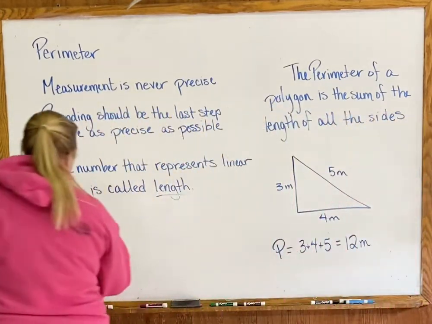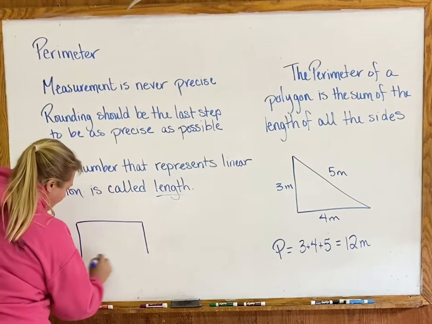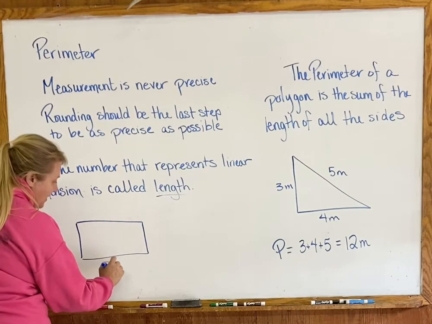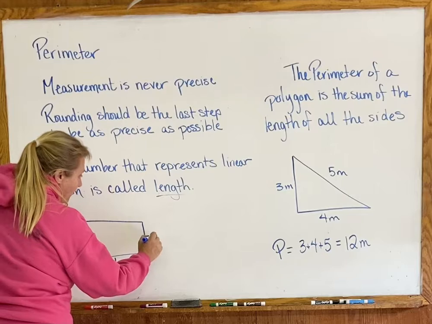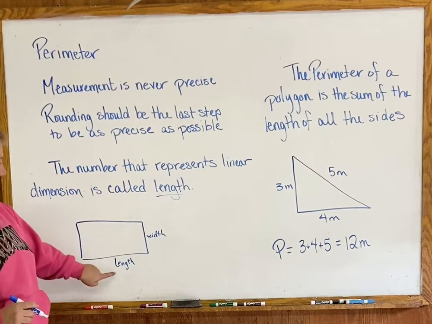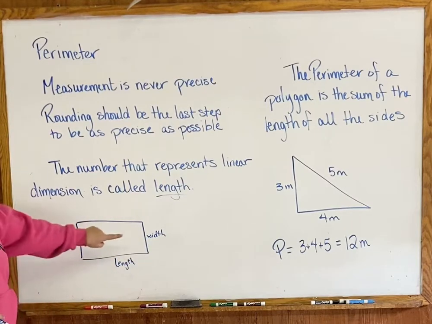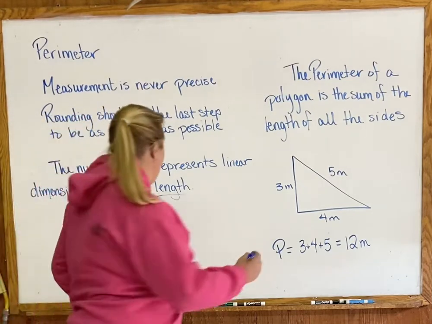Now, when you do have a rectangle, a lot of times we consider this side to be the length and this side to be the width. Now I know it doesn't look like it in my crappy rectangle that I just drew there, but the length and the length should be the same, and this width should be the same. So when you look at perimeter of a rectangle, it actually does give you a formula.